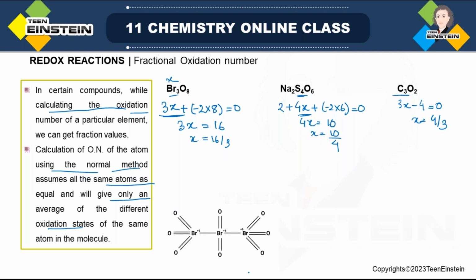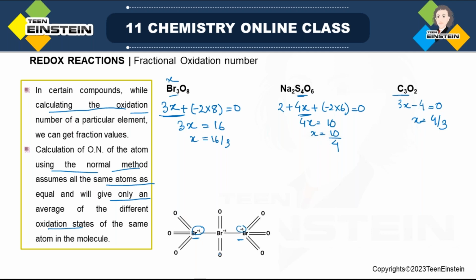The chemical environment of the left-hand and right-hand bromine is completely different from the middle bromine. From the left and right bromine there are a total of 3 double bonds, that is bromine-oxygen double bonds, and 1 bromine-bromine bond. Here it is written +6 for both.